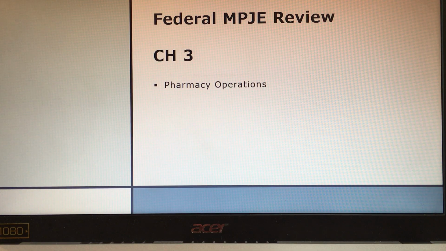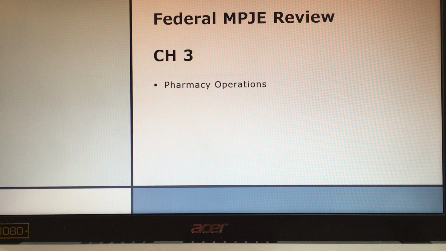You would have to provide the physical address of the pharmacy, the classification of the pharmacy, whether it's a community, hospital, or specialty pharmacy, the name and license number of the pharmacist in charge, the PIC, the application fee, which would be payable to the licensing agency, and the National Provider Identification Number, the NPI number, for the pharmacy.